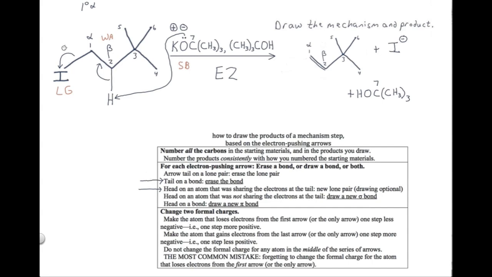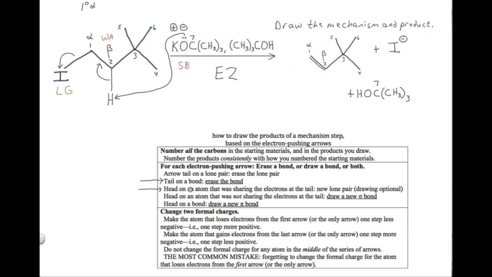So the tail of this arrow is on the bond between carbon 1 and the iodide. That tells us to erase the bond between carbon 1 and the iodide. The head of this arrow is on the iodide, and notice that in this picture, the iodide is already sharing the electrons at the tail. The electrons at the tail in this covalent bond are already being shared by the iodide in the starting material.